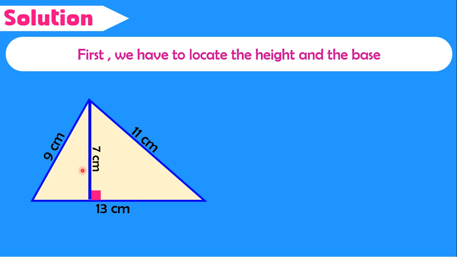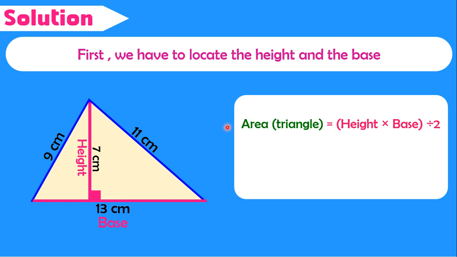This means that this is the height and here is the base. So the area of this triangle equals height times base divided by 2, equals 7 times 13 divided by 2, equals 91 centimeters squared divided by 2, equals 45.5 centimeters squared.